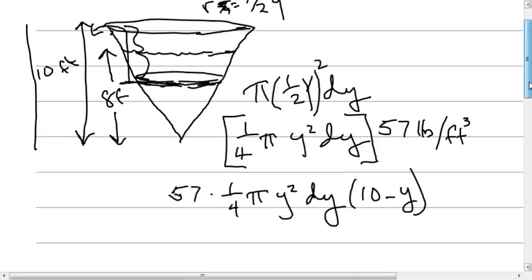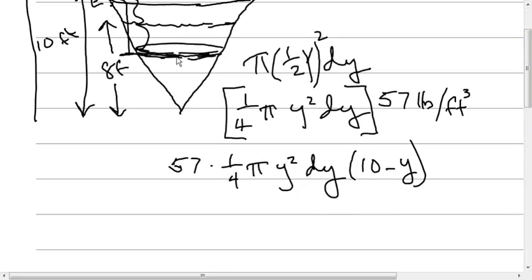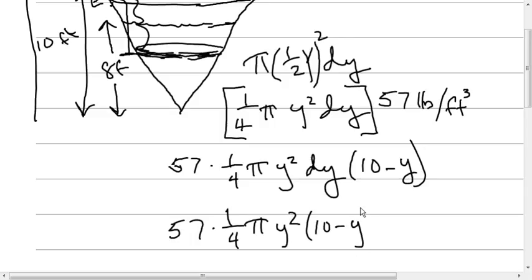Okay, so if we put it all together to deal with this little thing here, we've got 57 times 1/4 pi y squared, and we might as well include this term now, 10 minus y dy.